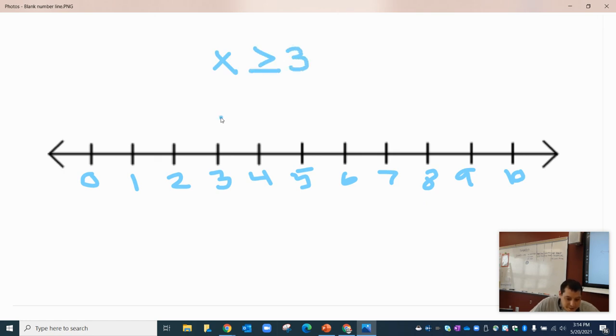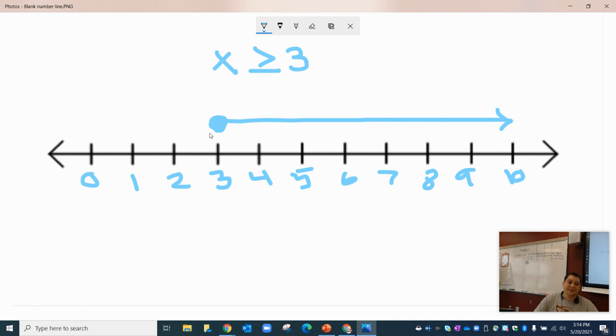So to represent this, you'll say 3, and I'm coloring this in because it includes 3 that I'm talking about. 3 is one of the possibilities of hours that I could have slept, and anything over, that's sleeping at least 3 hours.